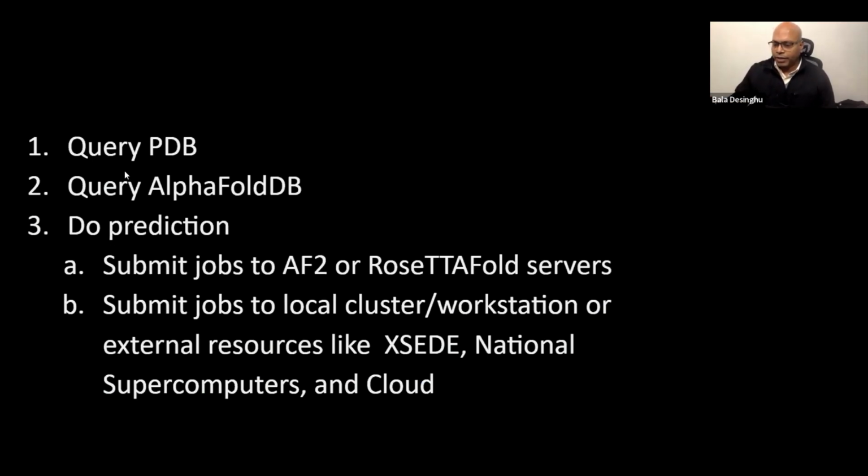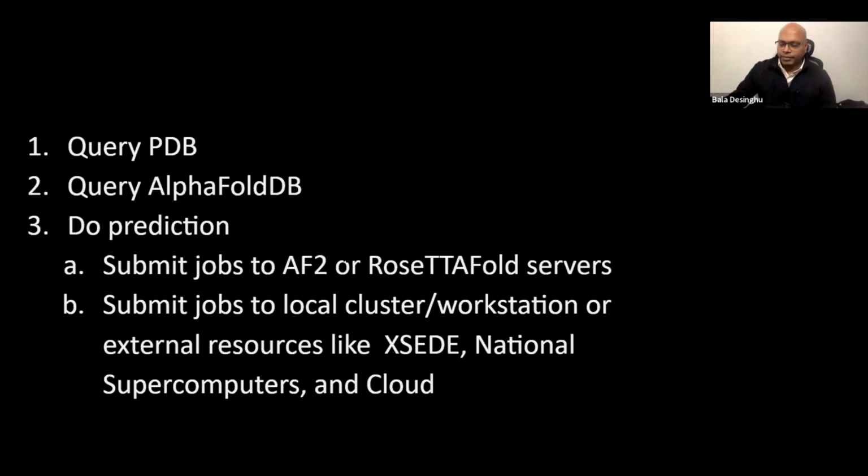So this is the idea. If you want to know the structure, you query the PDB. If the experimental structure is not known, you go to the AlphaFold database, where a lot of structures are available. If the structure is not available in the database, you have to do the computation. You can go to the servers and submit the job.